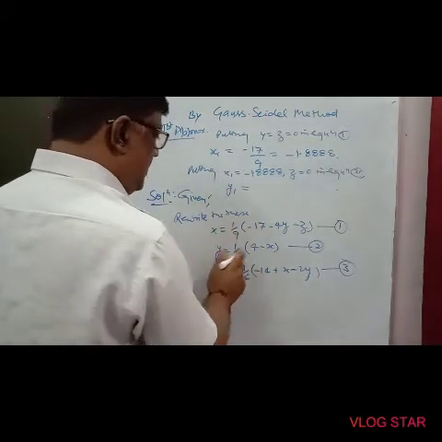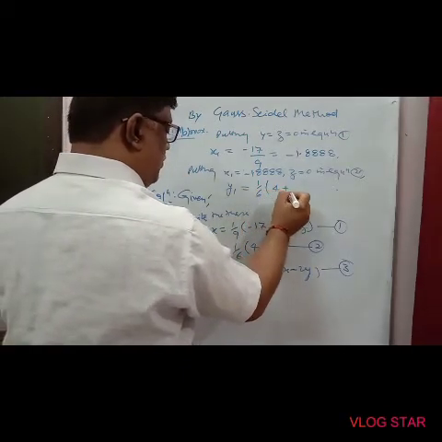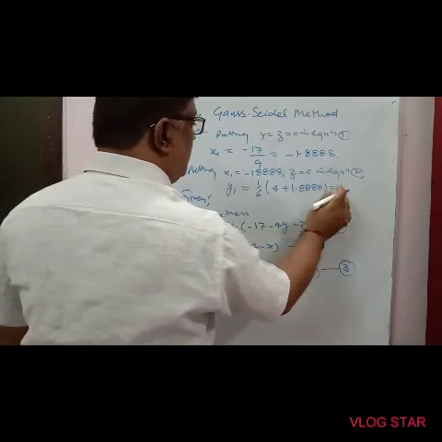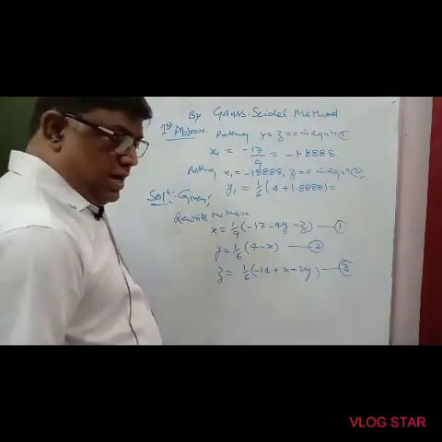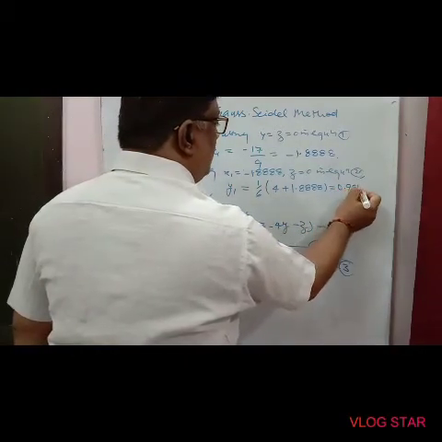This gives 1 upon 6 of 4 plus 1.8888. By using the calculator, we find the value 0.9815.